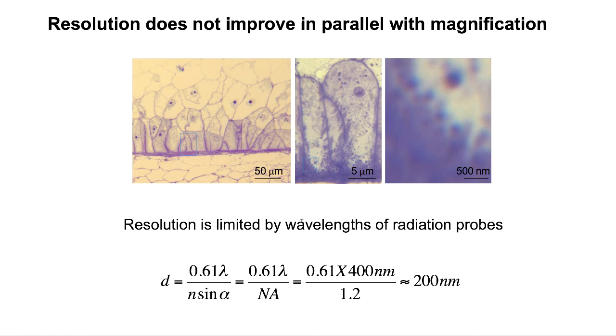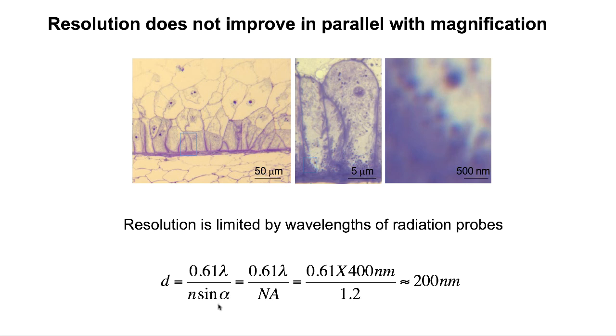This is the equation to calculate the resolution of a microscope. d, the distance between two dots that are imaged as two separate entities, is calculated by 0.61 lambda, the wavelength of the radiation, divided by n, the refractive index of the medium between the sample and objective lens, times sine alpha, where alpha is the half angle of the cone within which light from the sample is collected.